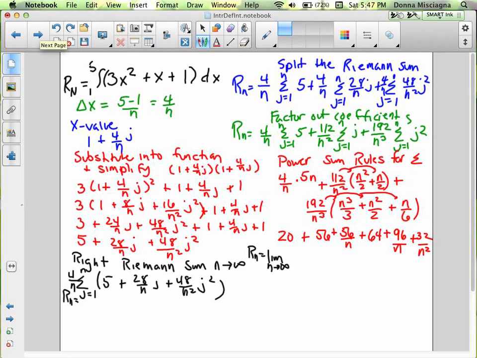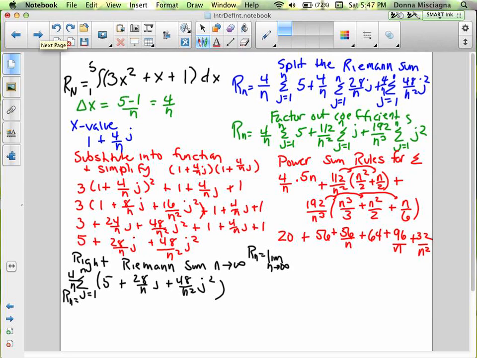All right? So that we're going to have the limit of, it'll be 20 plus 56 plus 56 over n. Oh, why don't I combine them together? Hang on. I wanted to make sure I put in the fact that we were doing a right Riemann sum. And then I have like terms that could be added together instead of writing them all individually, right?